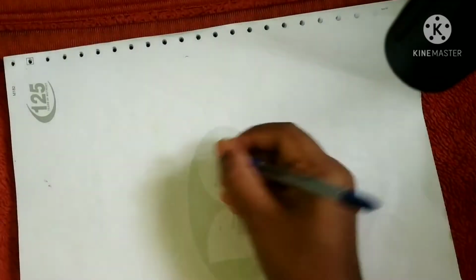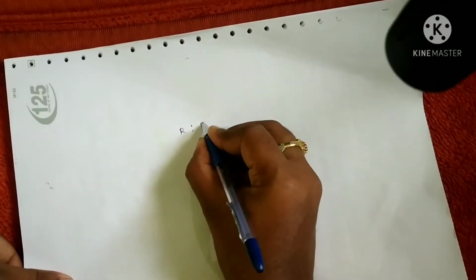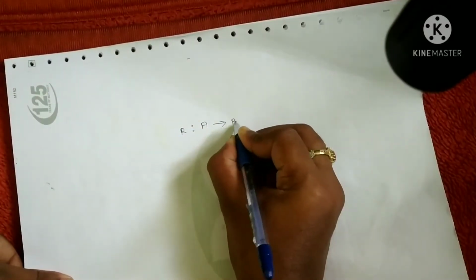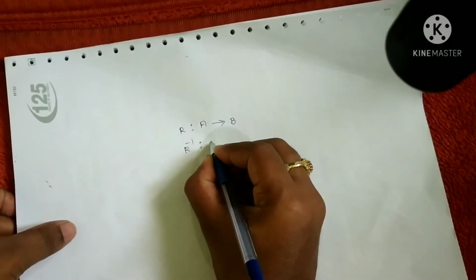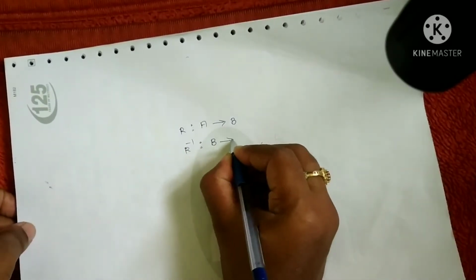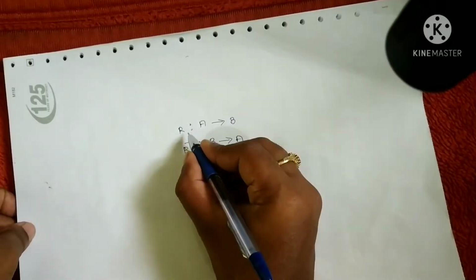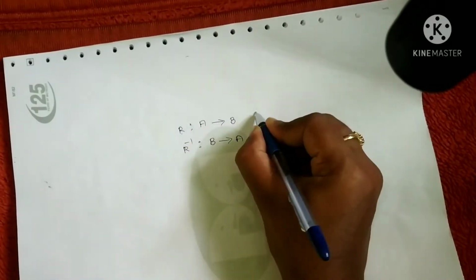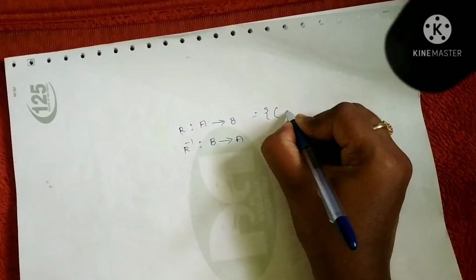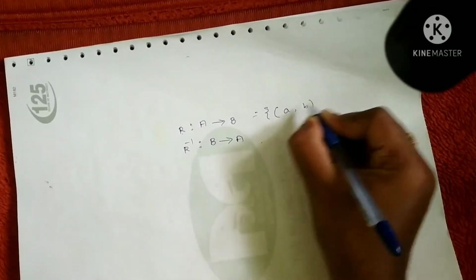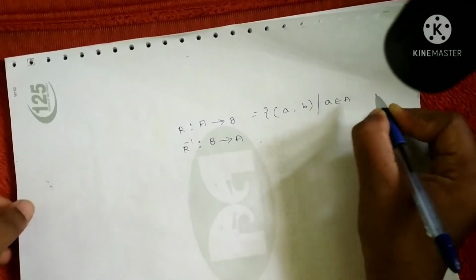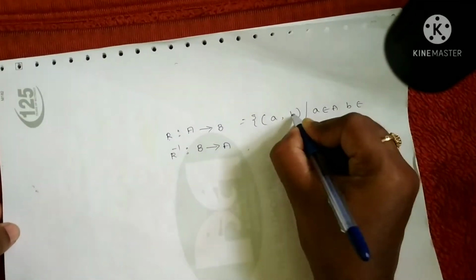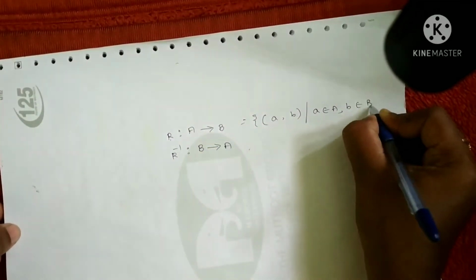Since you are already familiar with the relation R, if R is a relation from A to B, then R inverse is also a relation, but it is defined from set B to A. In the sense, if R is a relation from A to B, then it contains ordered pairs (a, b), such that the element a belongs to the first set and the element b belongs to the second set.